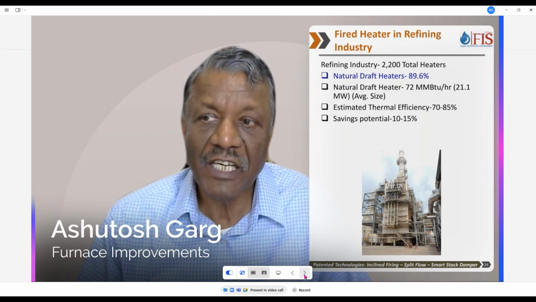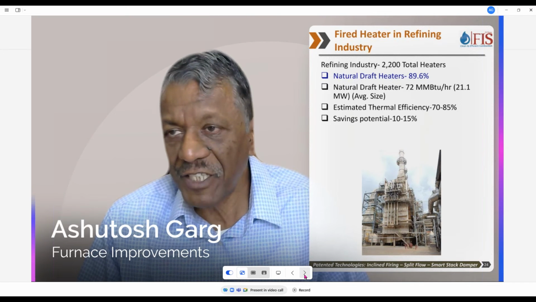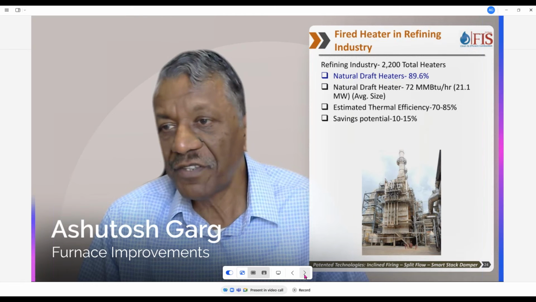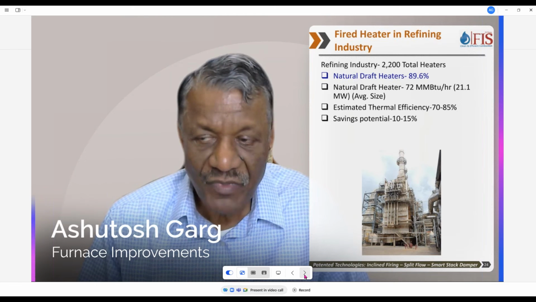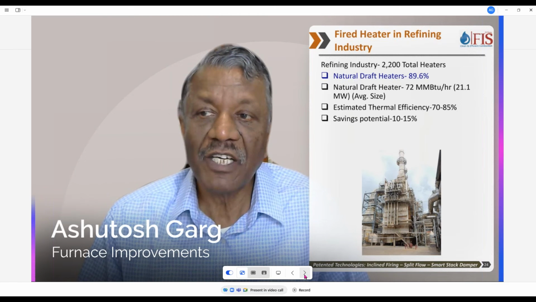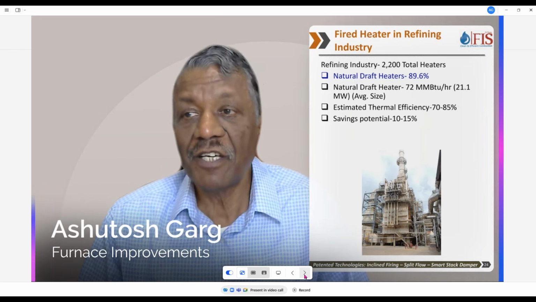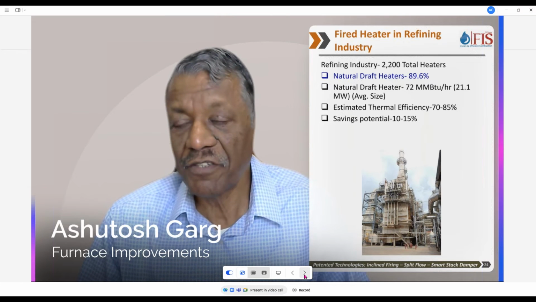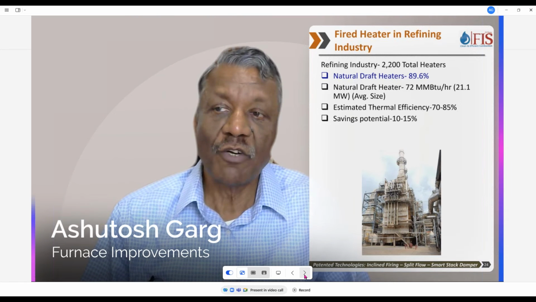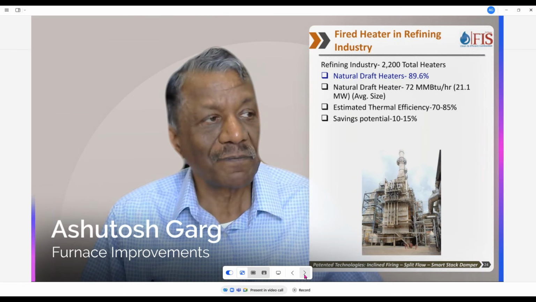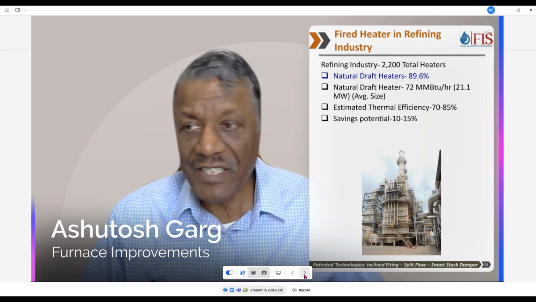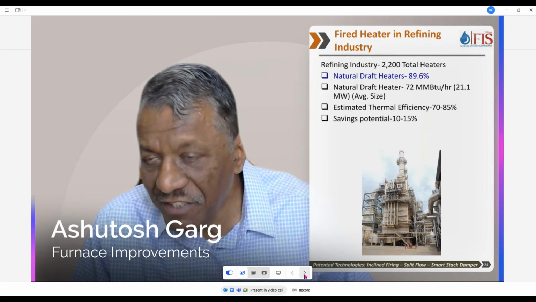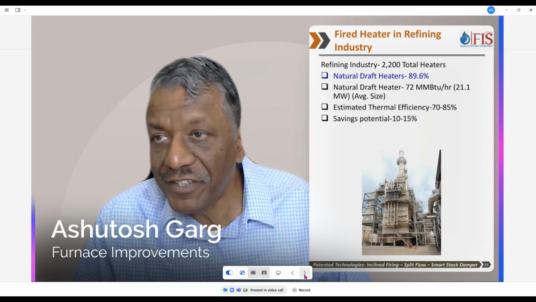So you can cut down your emissions by 15% just by improving efficiency. And there is a payback, because every time you cut down the fuel consumption, you get fuel savings, and they pay back also. Plus you emit lower amounts of CO2. So I think API 560 should start addressing this issue.